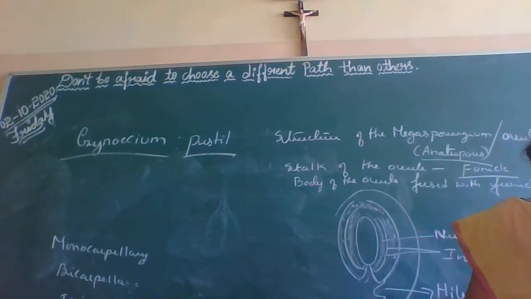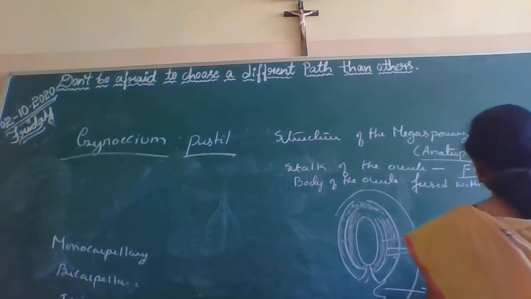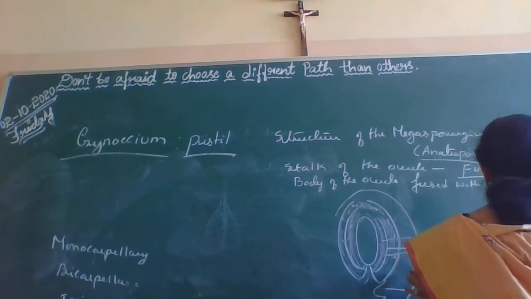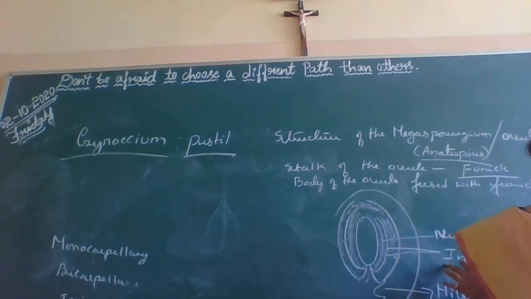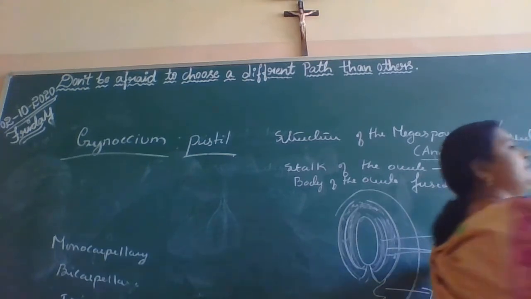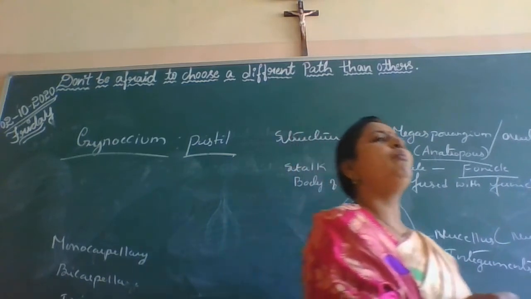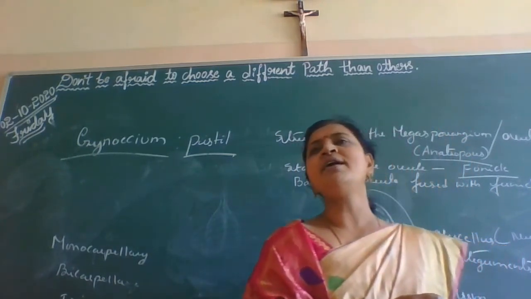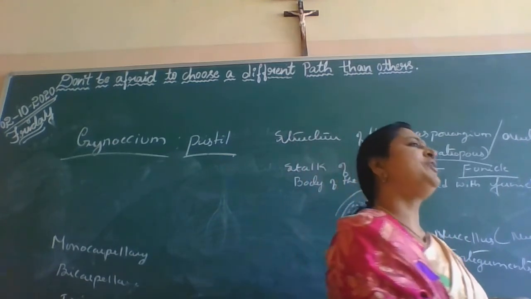Protective wall layers of the what? Nucellus. What is nucellus, I said? Nutritive tissue of the ovule. Which represents the junction between the body of the ovule and funicle? Hilum. What is funicle? Stalk of the ovule.